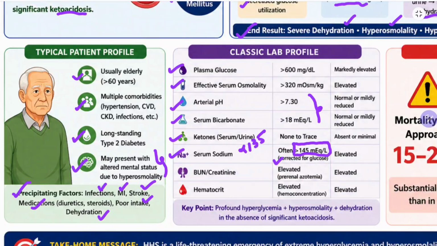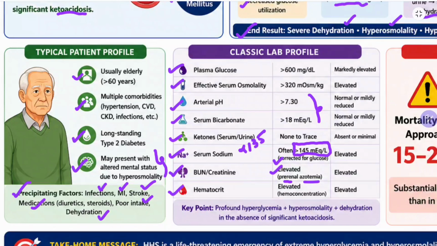You know the formula of correction: sodium concentration in milliequivalent per liter plus 1.6 times the bracket of glucose concentration in milligram per deciliter minus 100, divided by 100, which was already discussed in the topic of DKA. BUN to creatinine ratio is elevated. That means there is pre-renal azotemia because of dehydration.